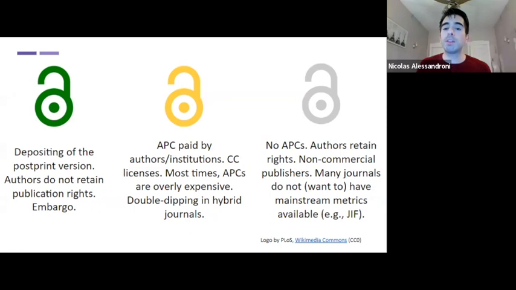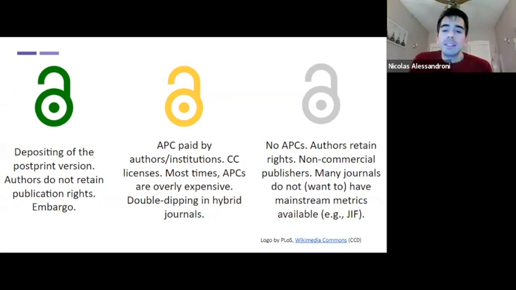That is, they put the post-print version in an open repository. And the post-print version is the manuscript version after changes made during the peer review process, but prior to the final formatting by the journal.